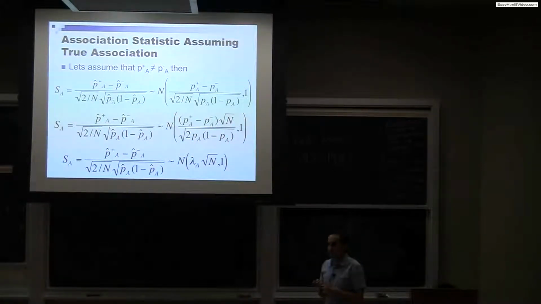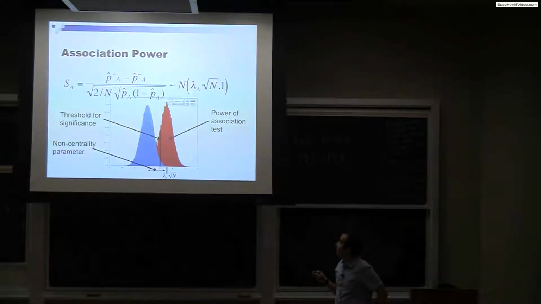So this is going to be the distribution of the statistic if these two are not the same. And what is the power? This is kind of a key slide. This is going to be the statistic if these two are not equal, and it's going to follow this distribution.